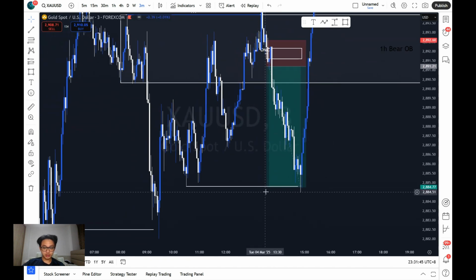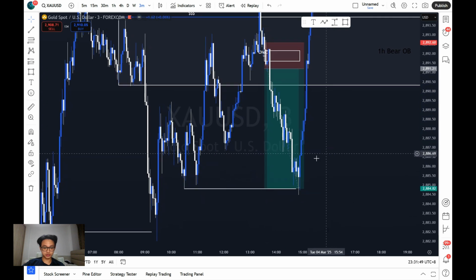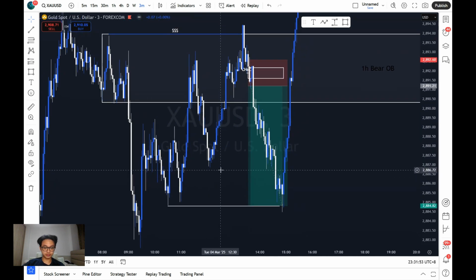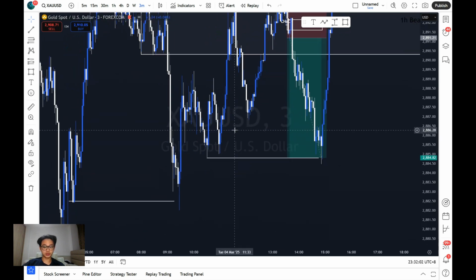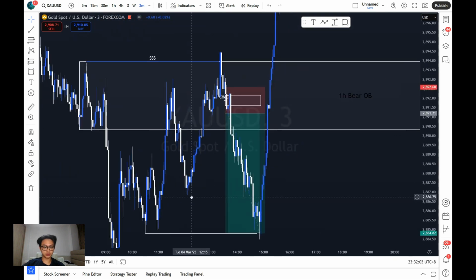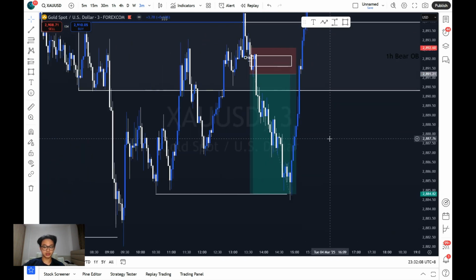From this lesson, I learned that we should take partials at significant internal lows. In this case, I would say they're internal lows, or you can say equal lows right here, and price just reversed instantly.